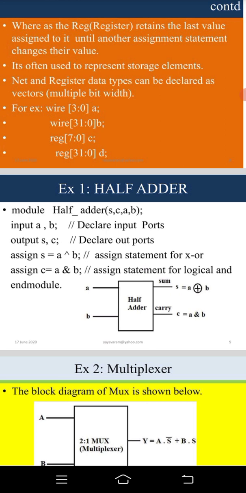Assign S is equal to A XOR B, an assign statement for the XOR operation. Assign C is equal to A and B, an assign statement for the logical AND operation. So this is the diagram of the half adder.